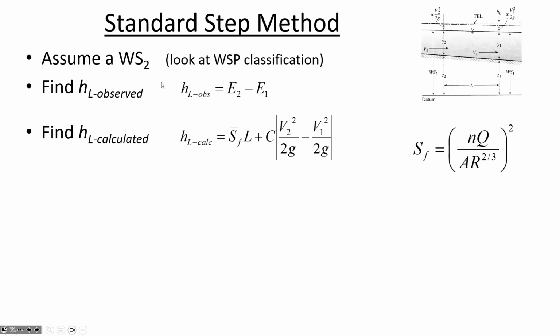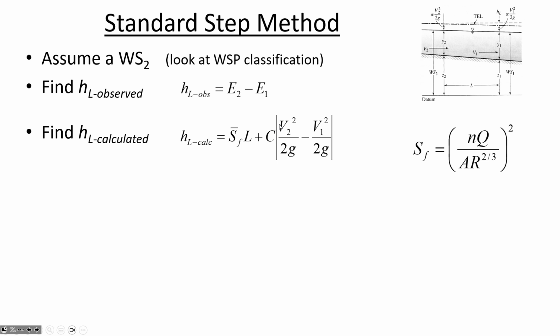And now we're going to compare it to what we call a calculated head loss. And the calculated head loss is based on the slope of the energy grade line, S sub F, at the midpoint between the upstream and the downstream location, times the length between them, and then some coefficient that relates to the difference in velocity head between the 2 points.